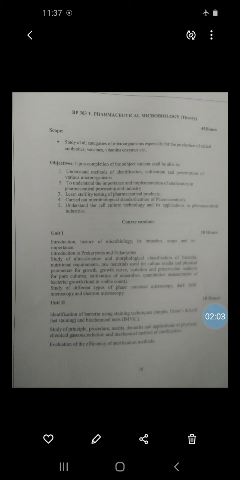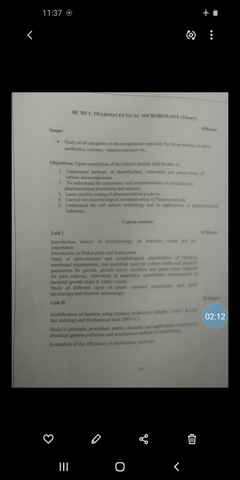Then we will see the principle of this radiation. Ionizing and non-ionizing radiations are the two common types of radiation used for sterilization.